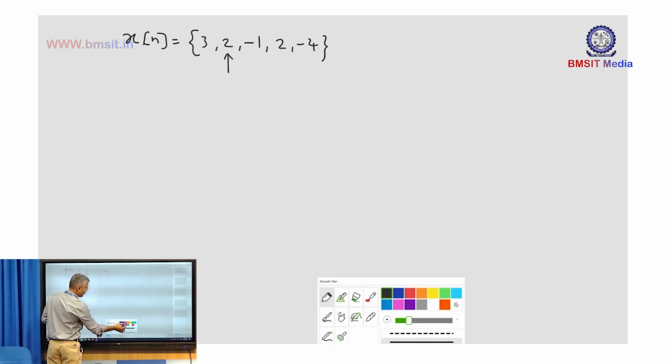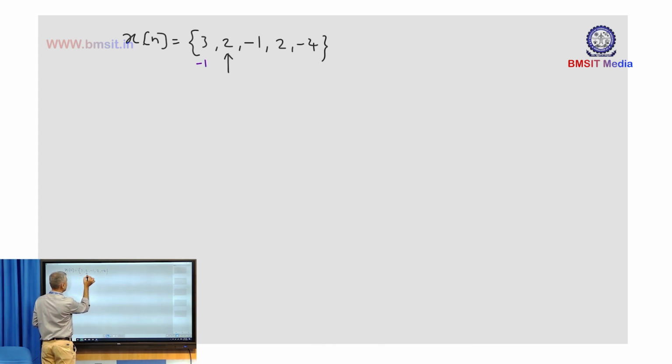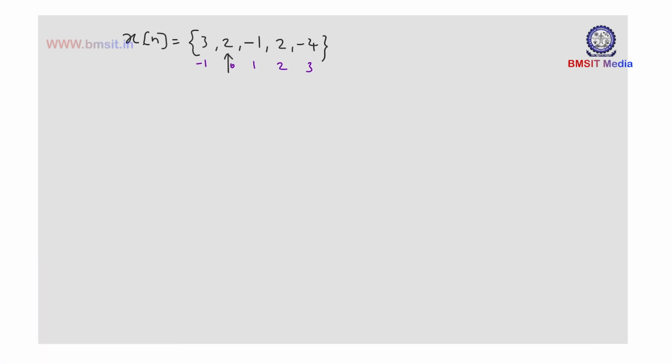So if you were to mark the values here, this is minus 1 position, this is 0th position, this is 1, this is 2 and the third. So there are totally 5 samples in this given signal. Our task is to obtain the even component and the odd component.